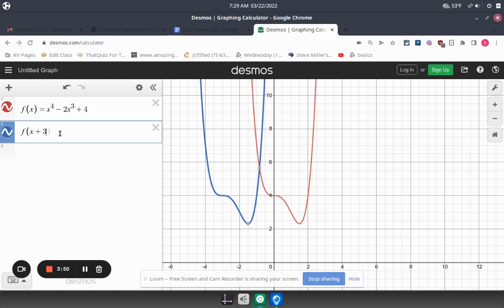Now, the reason that it moves to the left when you add is because you're giving all of its x values a head start by adding 3. So right here, it took 2 x values to get to a y value of 4. But whenever you increase those x values by 3, when you give them a head start by 3, it doesn't take them 2 units to get to a 4.